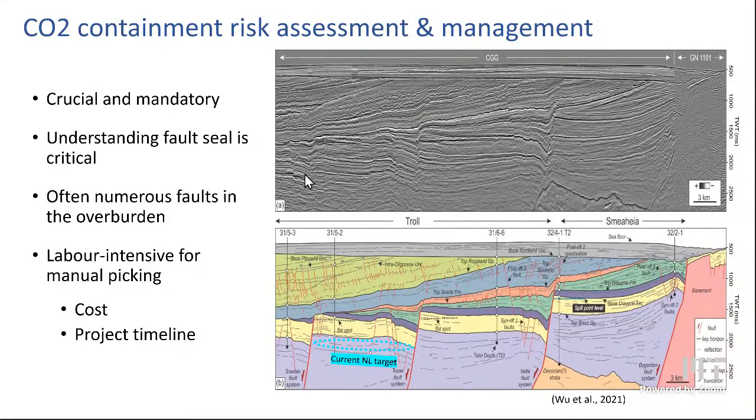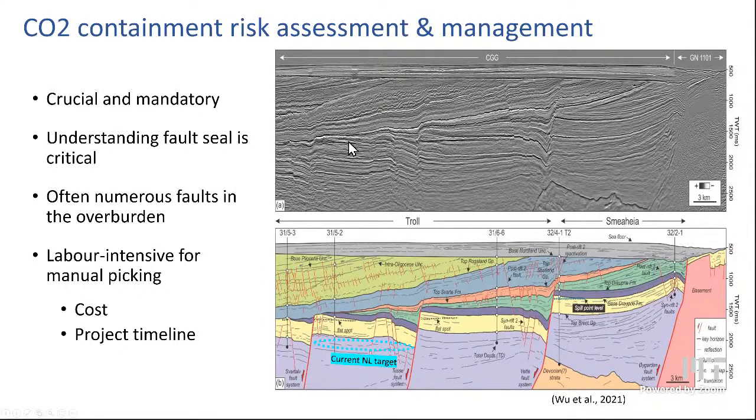You'll see there are also many faults in this seismic image. Faults are fracture zones separating two blocks of rock, where the two blocks move relative to each other. For example, along this fault, the left block is moving down. Those faults could be weak zones and could potentially be leaky.